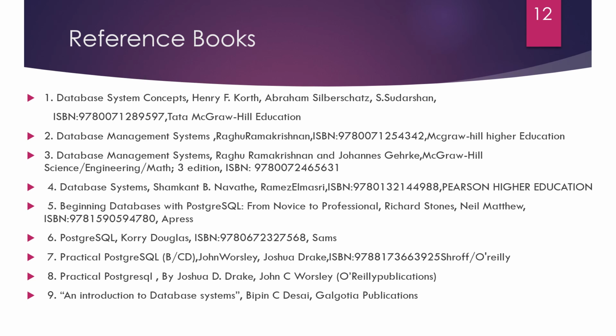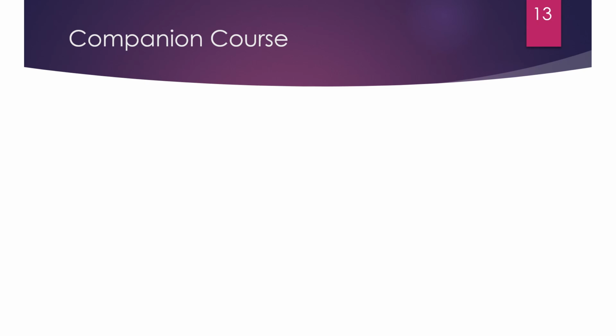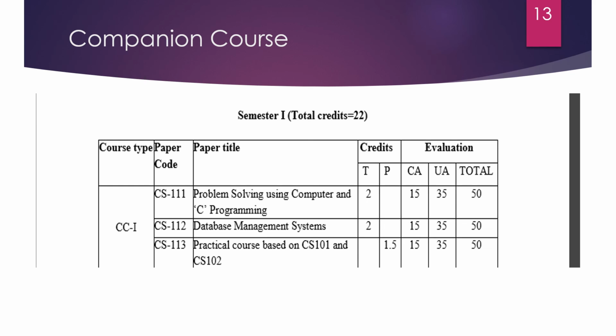These are the different reference books prescribed by Savitribai Phule Pune University. You can refer to these books. Companion course: here CS113 is the practical course which is based on C programming and database management systems.